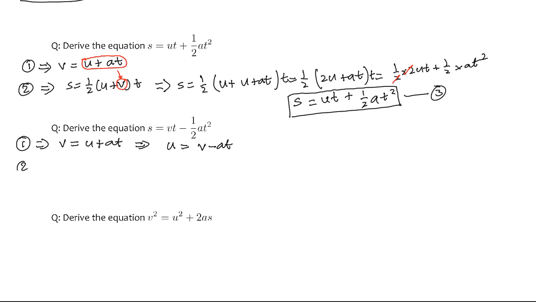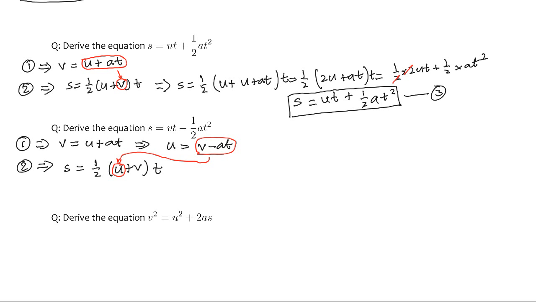I know from the second equation S is equal to half (u plus v) into t. So what I'm now doing is taking this value for u and putting it instead of this u in the equation.